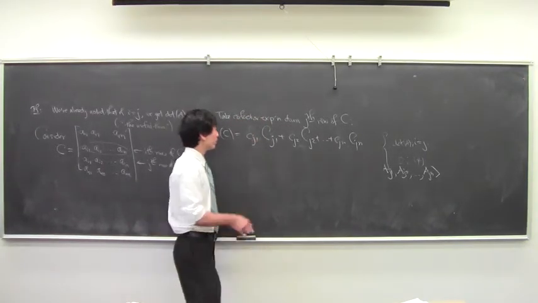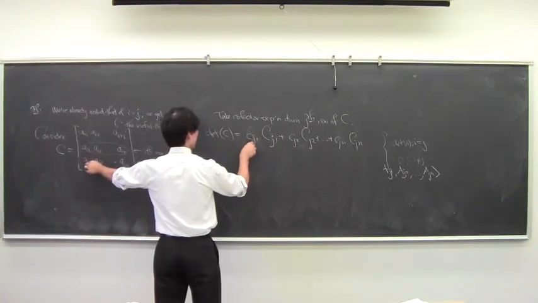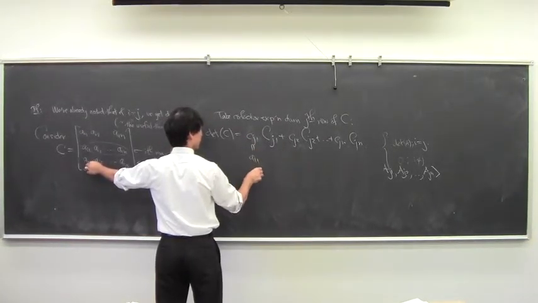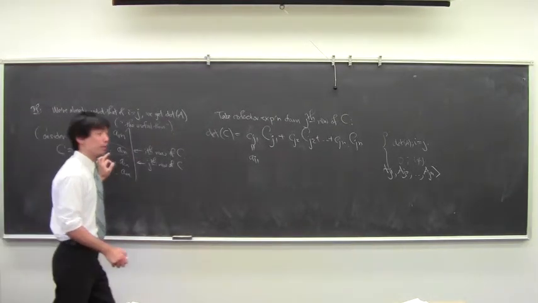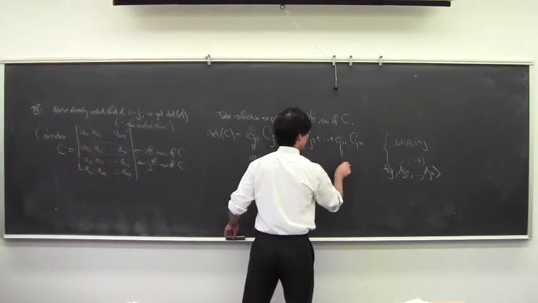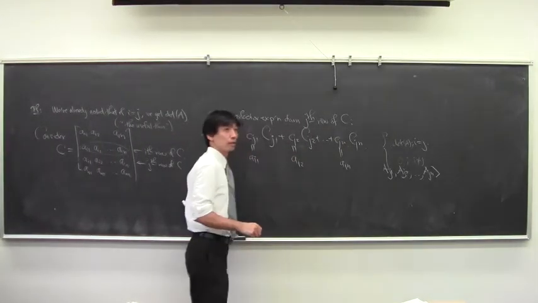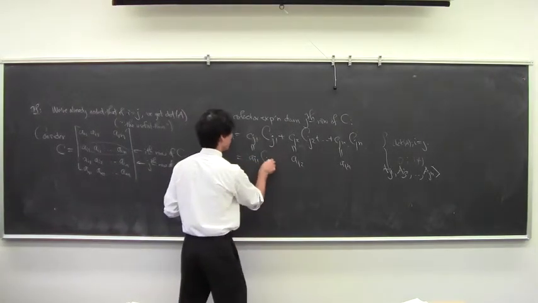But now let's notice that the entry c_j1 is a_i1, because of the cut and paste that we did earlier. This is that, this is that.